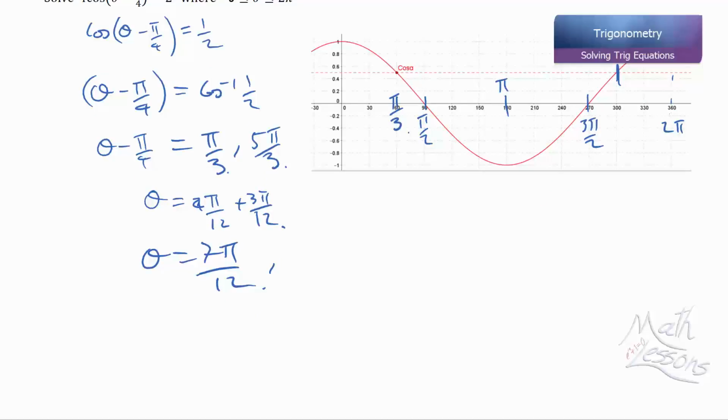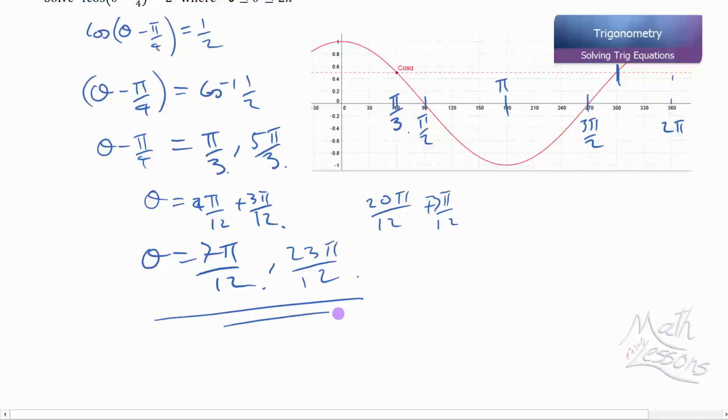And if we do 5 pi by 3, that's just going to put into 12, so that will be times by 4 gives you 20 pi by 12 plus pi by 4 which is 3 pi by 12. So we get 23 pi by 12 here. And that gives us our two answers.